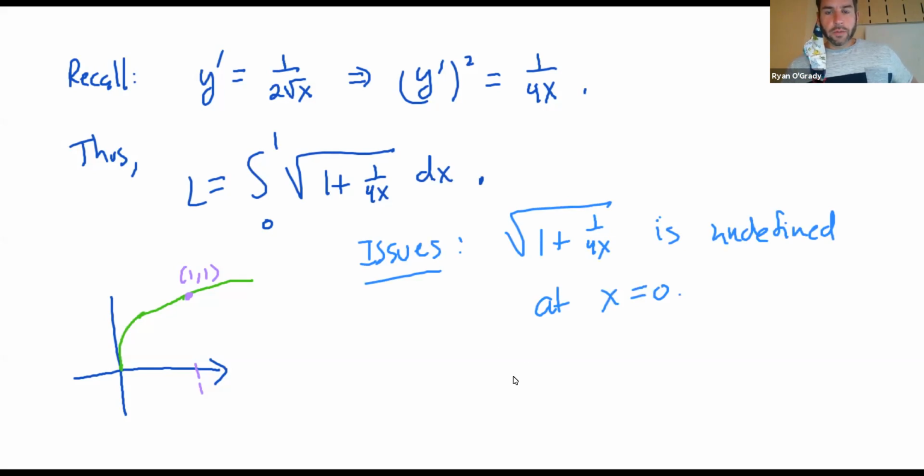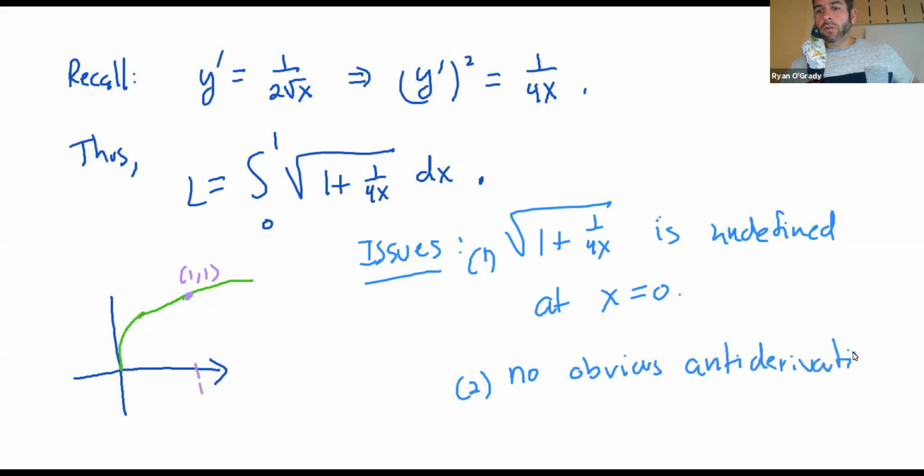And the second issue is there's no obvious antiderivative. Now, of course, if you go to some fancy software, it's going to tell you what it is, but it's not at all obvious how you might get that.